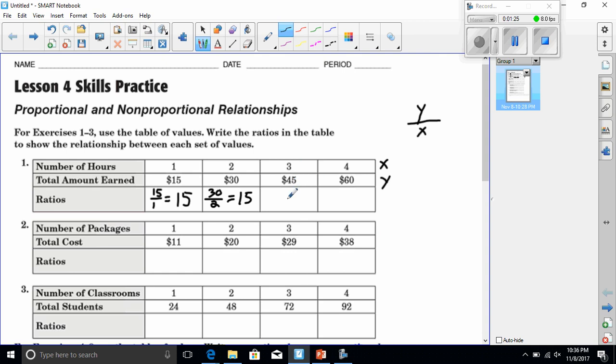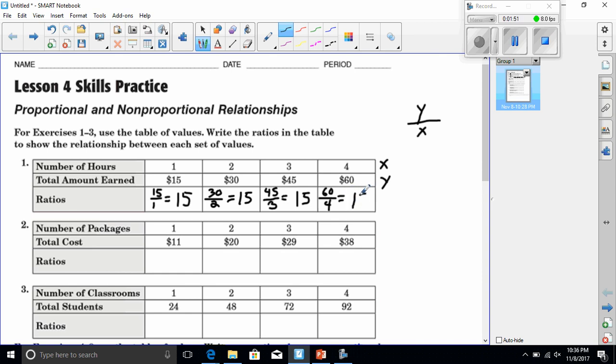Next one is 45 divided by 3, and 45 divided by 3, of course, is 15 as well. Last one is 60 divided by 4, and as you might have guessed by now, 60 divided by 4 is also going to give us 15.